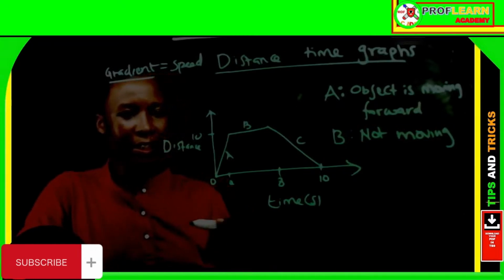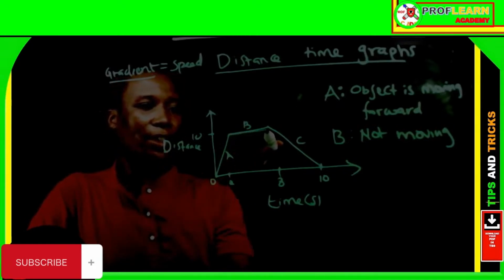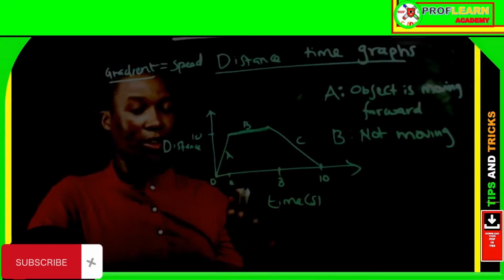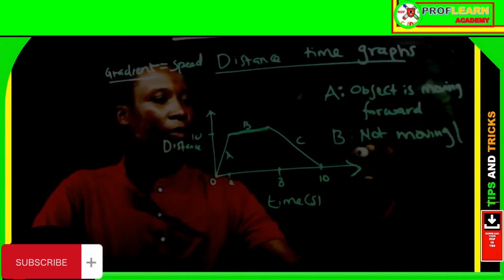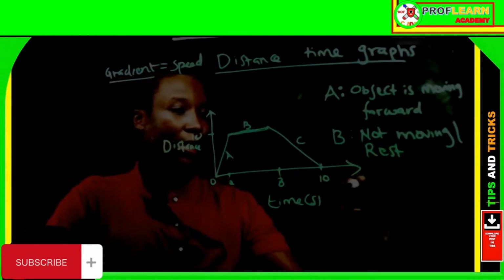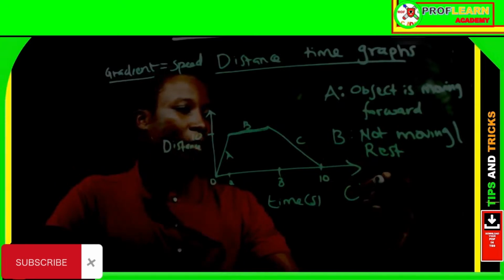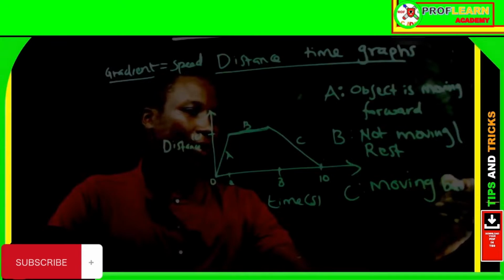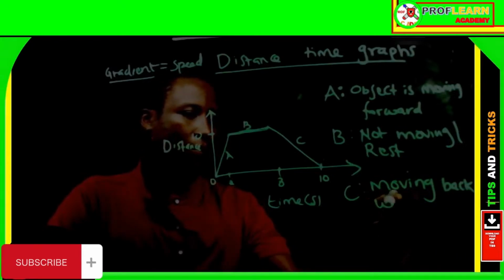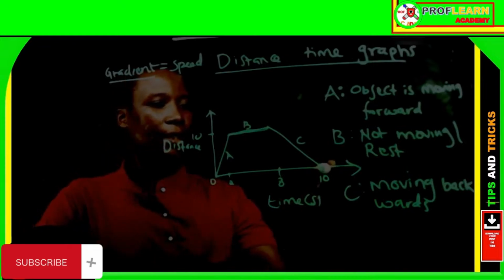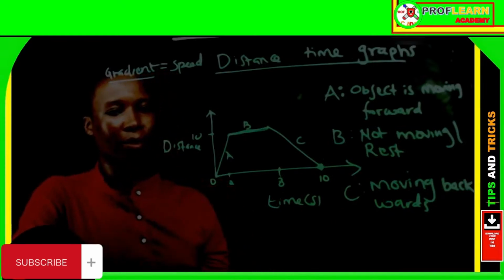You really see that distance is not changing in this region. Time is moving, but distance is not really changing. That's why we are saying the object is not moving, the object is at rest, or stationary. So that's also something you need to understand. And in C, we're going to say the object is moving backwards, and then finally it will rest at its starting point.